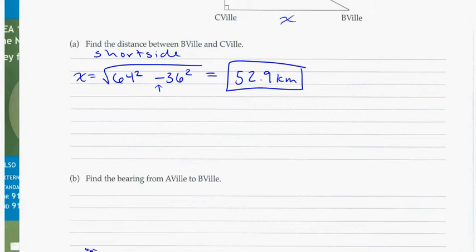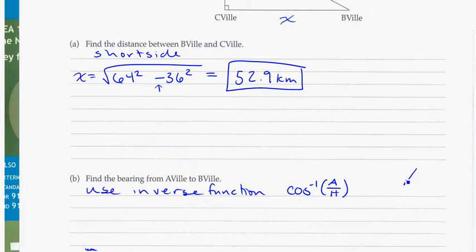So use inverse function. So we're going to use cos inverse in this case. And we feed cos inverse a side-side sandwich, and in this case it needs to be the adjacent over the hypotenuse. And this comes from, again, our little helper triangle here, CAH.